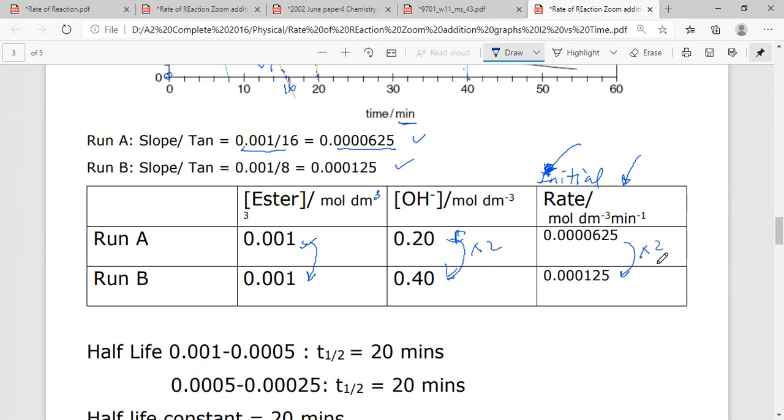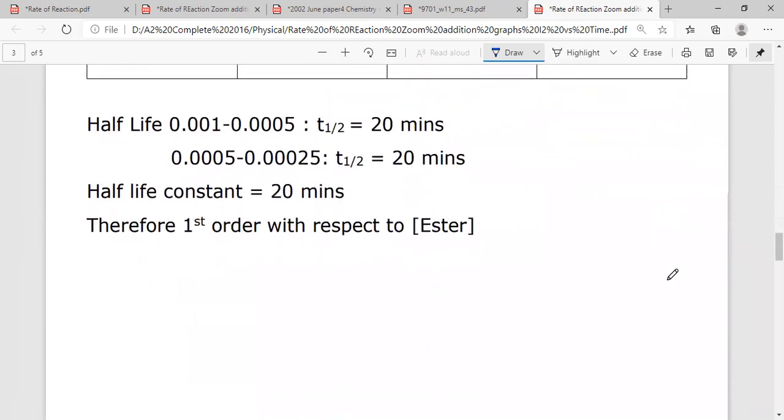Now, if you don't believe it, you can use the ratio. Remember, rate equals k, this is the general equation, ester to the power A, OH minus to the power B.